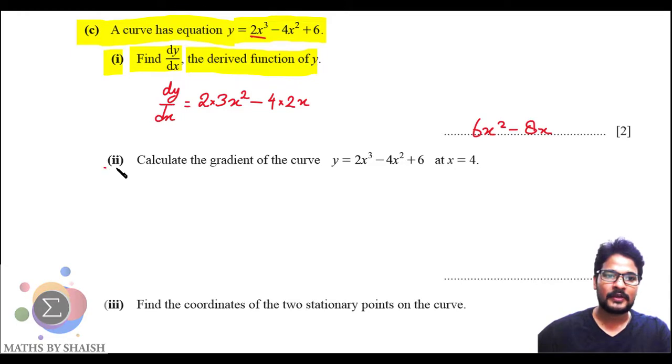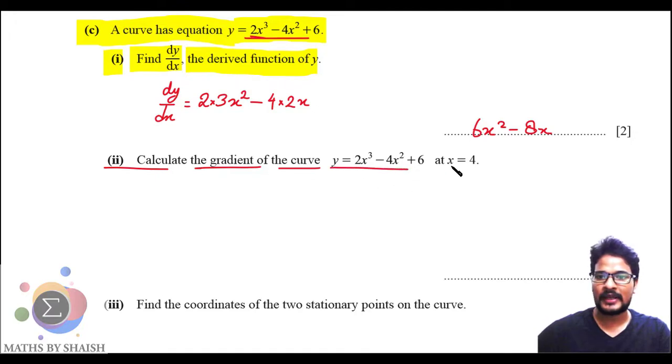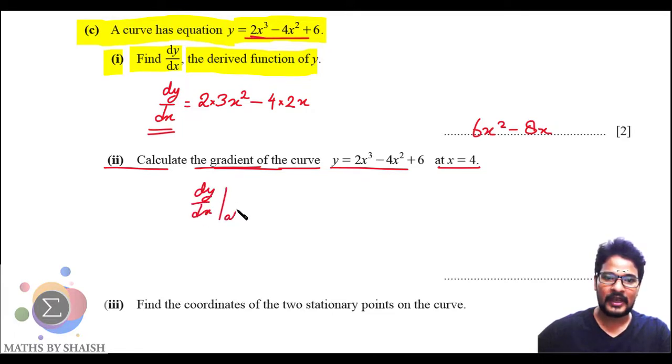And then the second part: calculate the gradient of the curve, this is the same curve here, at x equals 4, and we know the gradient function is dy over dx. So they are asking us to find dy over dx at x equals 4.